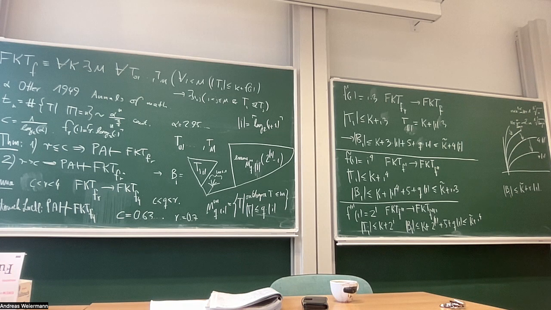Now, what is the next step? Take here 2 to the, let's say, i plus 1 to the 3. So we reach somehow, it's not really double exponential, but it's quite strong. What can we say? So the claim is here, KT f4 implies KT f3.